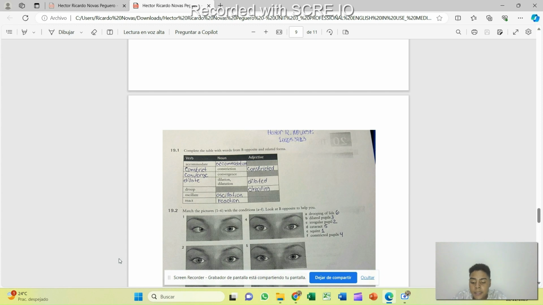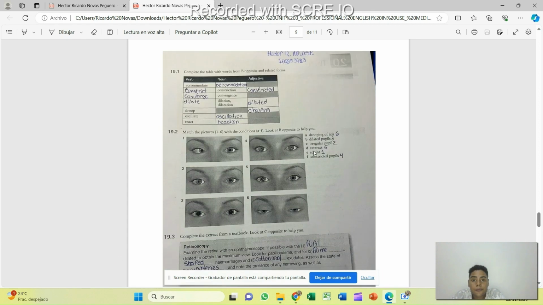19.1 Complete the table with words from the text. Relate the verbs, nouns and adjectives. Accommodate, accommodation. Constrict, constriction.